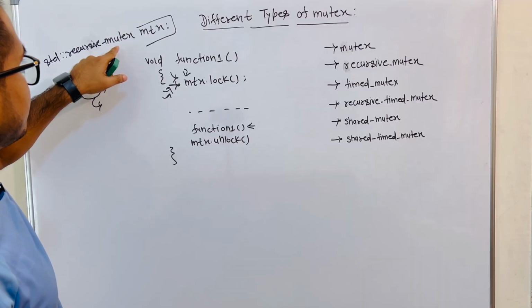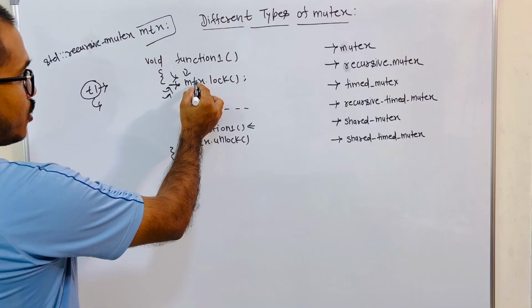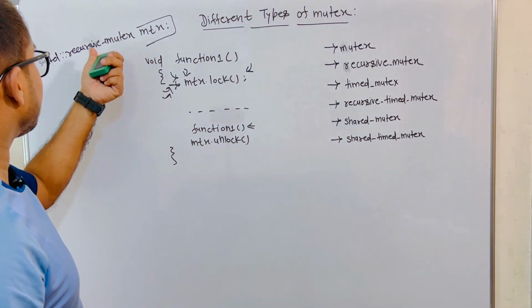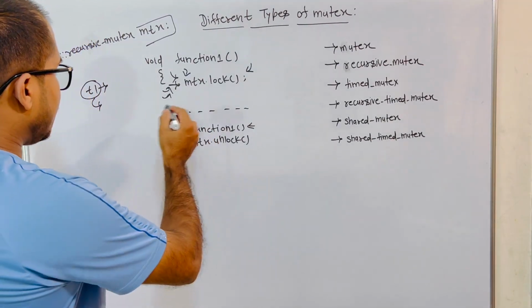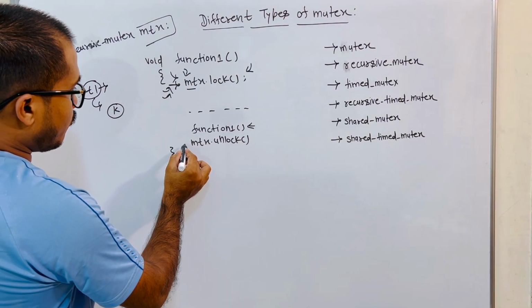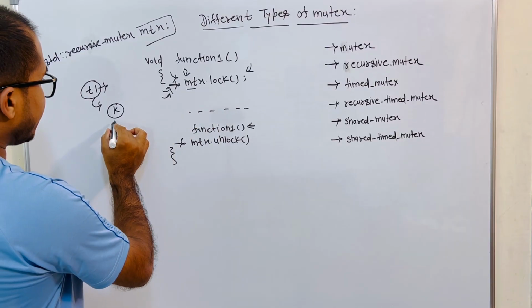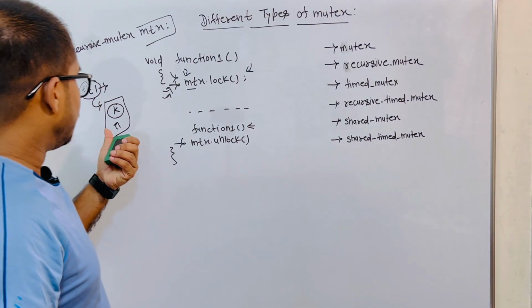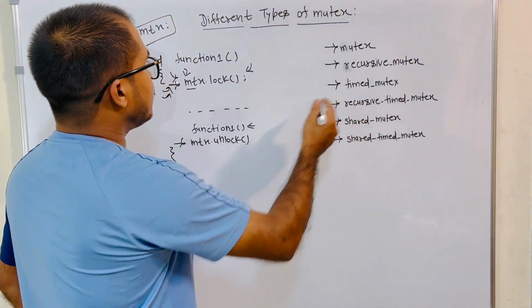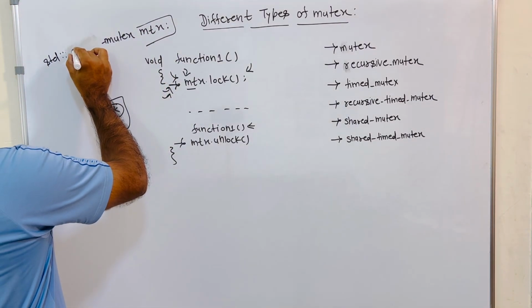Using a recursive mutex I can call function 1 recursively, and when I lock this mutex multiple times, the implementation of the recursive mutex will make sure that if I have locked this mutex k number of times, then when mtx.unlock happens, the mutex will get released k number of times. This is the overall idea behind the recursive mutex. Now if I talk about the timed mutex, let's say now I have made this mtx a timed mutex.